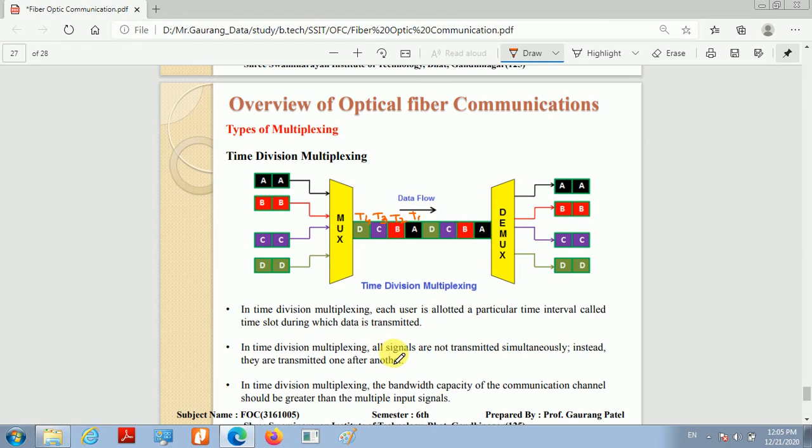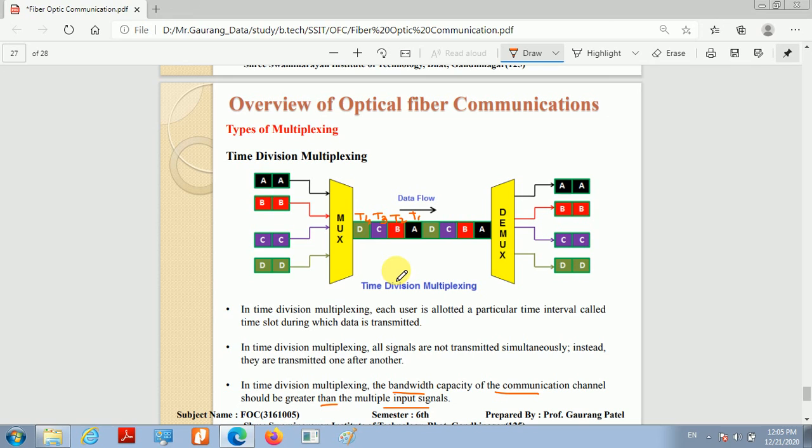All the signals are not transmitted simultaneously, they are transmitted one after another. And very important to note, the bandwidth capacity of the channel should be greater than the multiple input signal bandwidth. Okay, so these are the different multiplexing techniques.